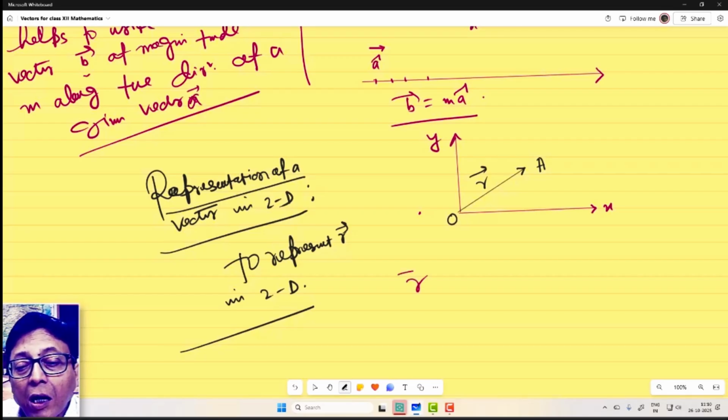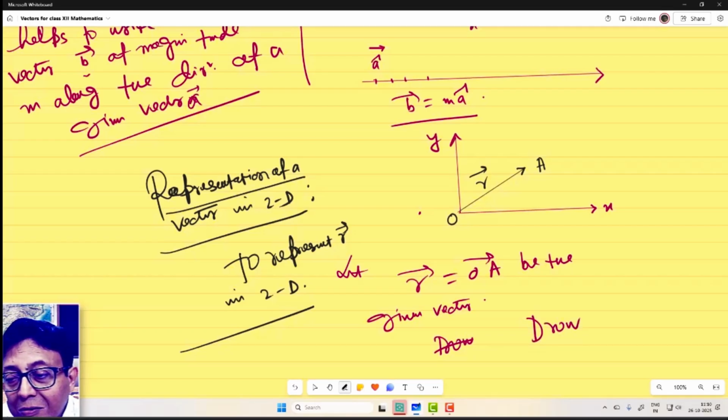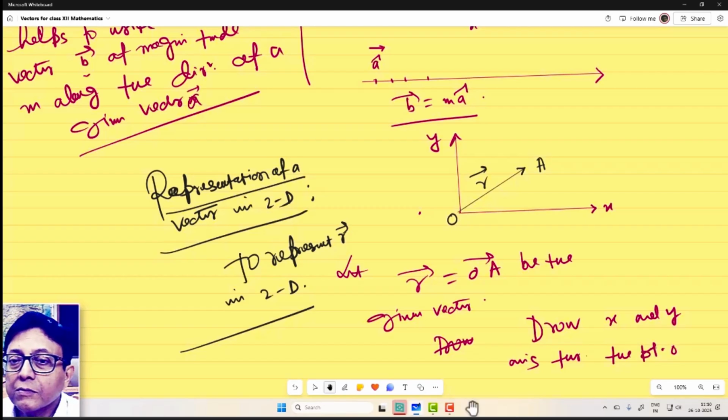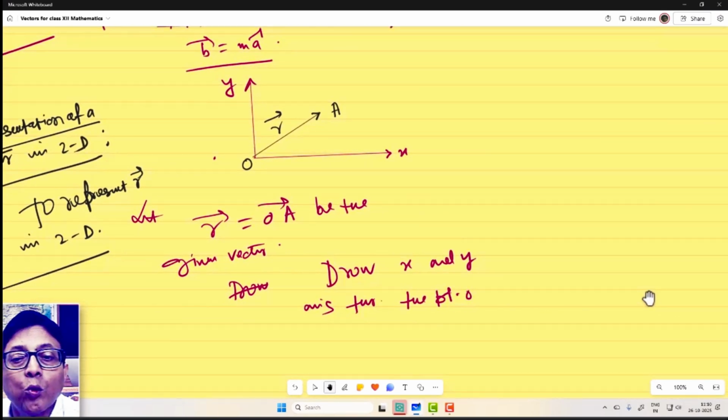So, let R equal to OA be the given vector. O is the tail and A is the tip. Draw x and y axis through the point O. Okay, x and y axis are drawn through the point O.